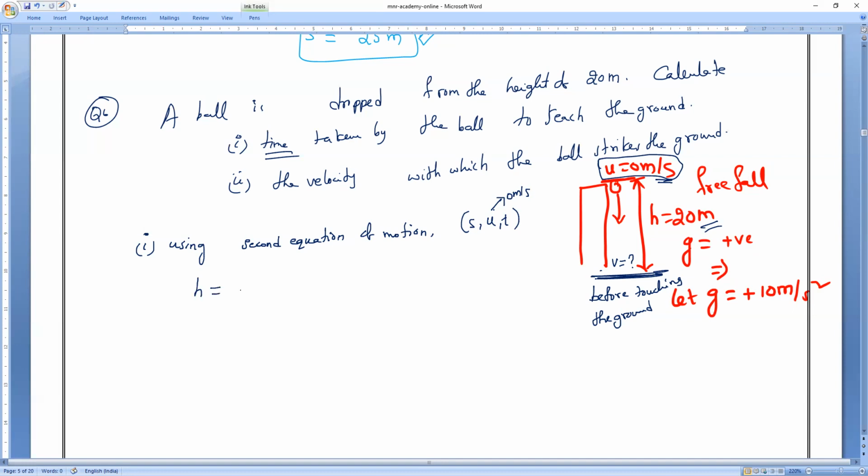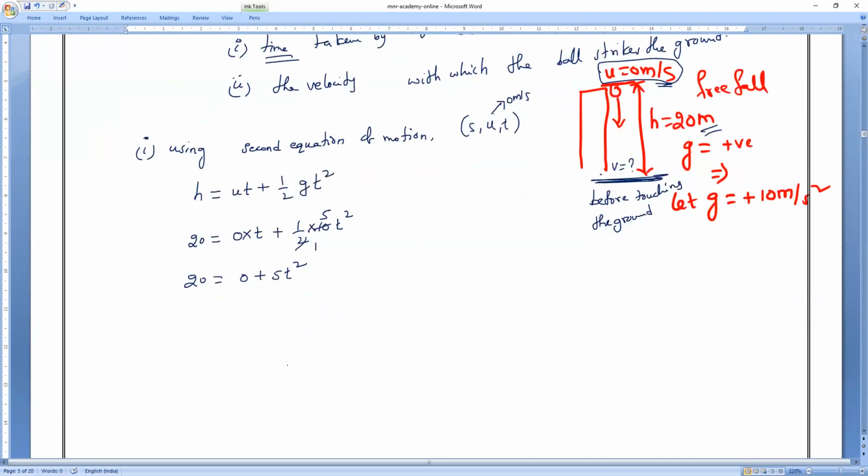So h is equal to ut plus half gt square. Now the height is 20, equal to initial velocity 0 times t, and 0 into anything is 0. So 20 is equal to 0 plus half into 10 t square, which is 5t square.